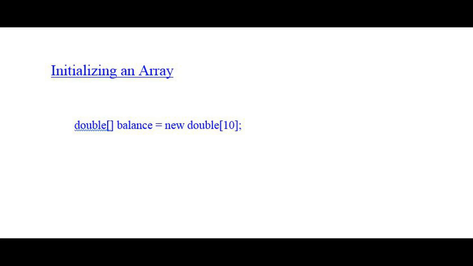So in this statement, what we are doing is creating an array, and the name we give that array is balance. The array has a type, and that type is double, and we use the new keyword in order to instantiate this array. And finally, the array has 10 elements.